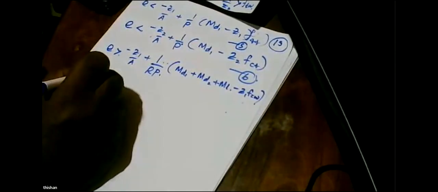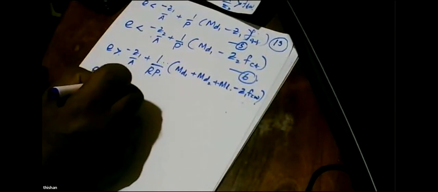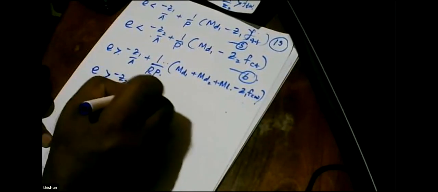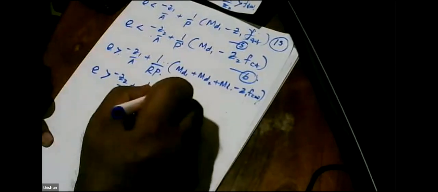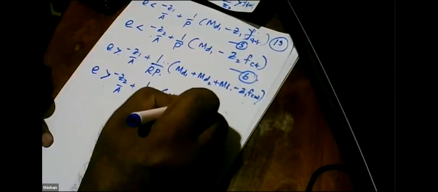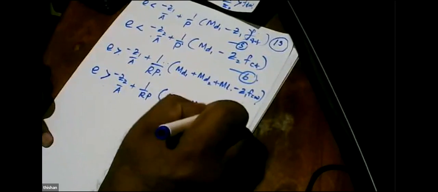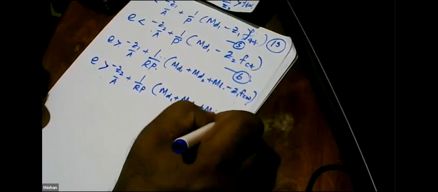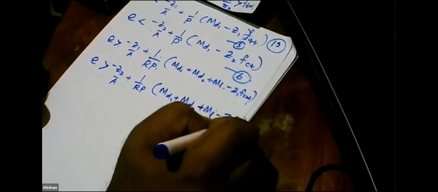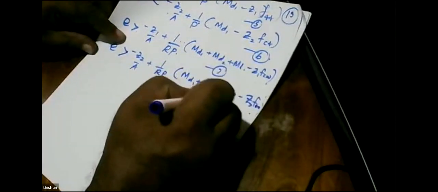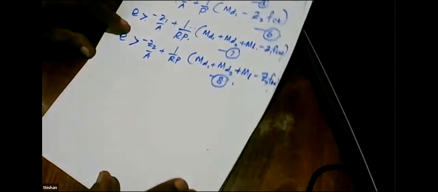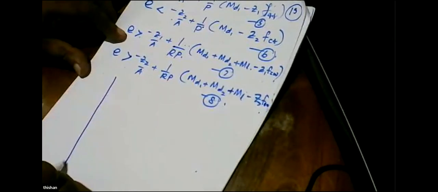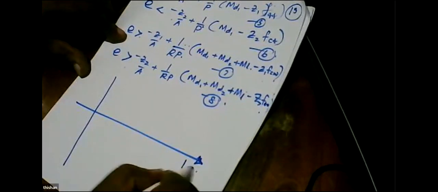And here you get E should be greater than minus Z2 over A plus 1 over RP times MD1 plus MD2 plus ML minus Z2 FTW. So we get equations number 7 and 8. If you look at this diagram, you can see this is Z1 over A, this is Z2 over A. So we can draw it as 1 over P and extend it this way.